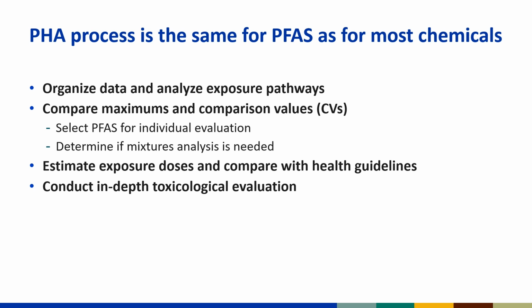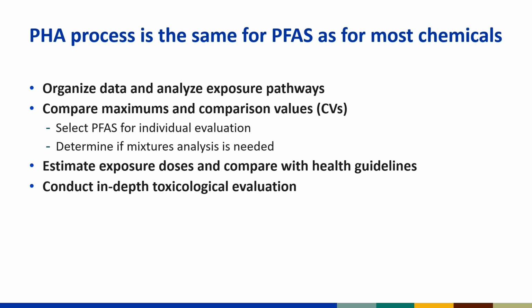This slide summarizes the basic steps of the evaluation part of the PHA process we follow for all of our public health assessment work. We organize data and decide which exposure pathways are important to consider. We screen the data using ATSDR comparison values, or CVs. We estimate doses and compare them to health guideline doses.